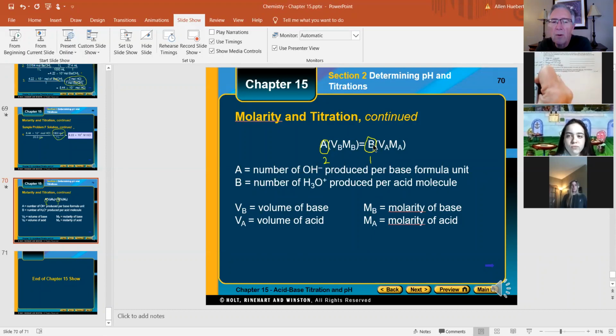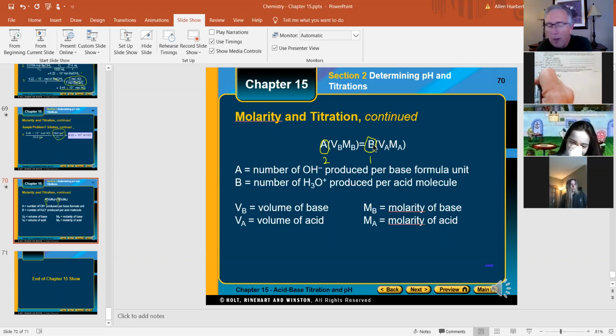Notice the A is the number of OHs. So whatever letter goes here, in this PowerPoint, I have it as an A. But I think on the formula sheet that I'm going to give you for your test, it has a B there. To me, what's on the formula sheet makes a lot more sense than what this PowerPoint is.